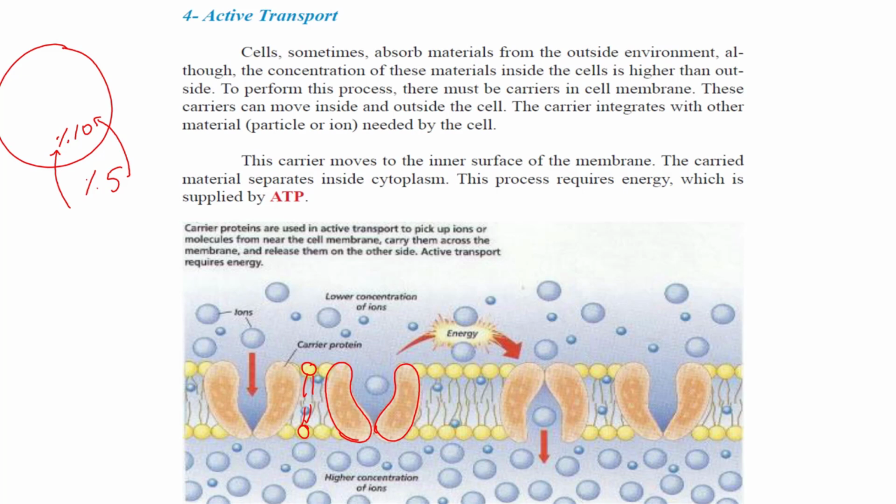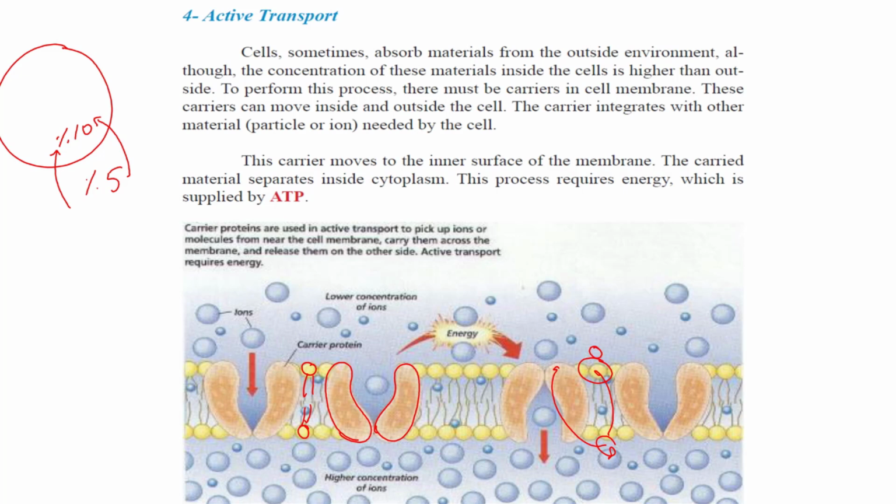The carrier integrates with a material, particle or ion needed by the cell. Then this carrier moves to the inner surface of the membrane, leaves the material, and goes back outside. Like from that side, a protein captures some particle, moves inside, leaves it in the cytoplasm, and goes back to the surface again.